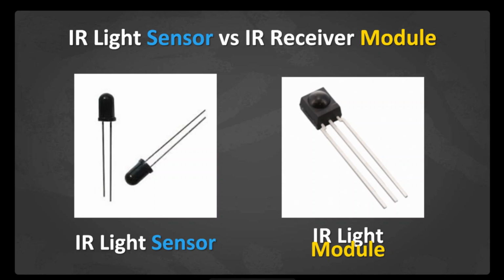So these IR light sensors on the left, they'll give you a confirmation that they're seeing an IR signal, but they can't turn it into a command or anything. They just say, yep, I'm seeing light. That's it. Whereas on the right, they can actually turn the signal into something functional. They handle that on their own.